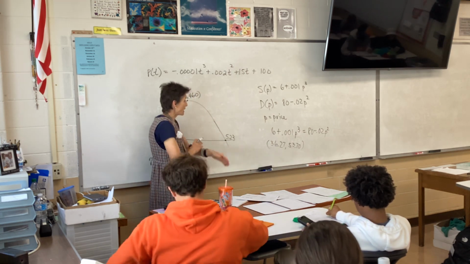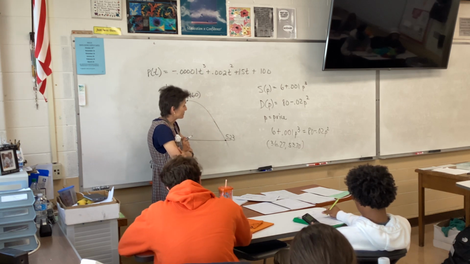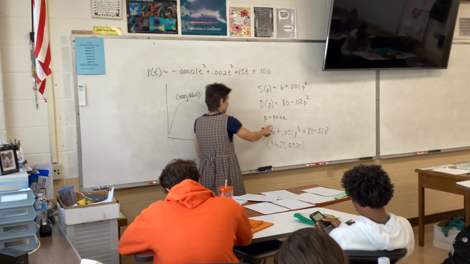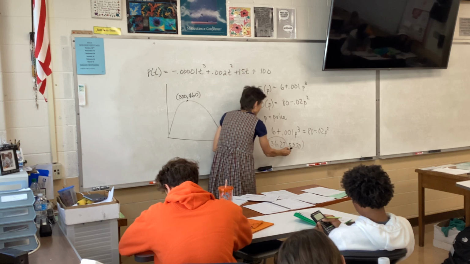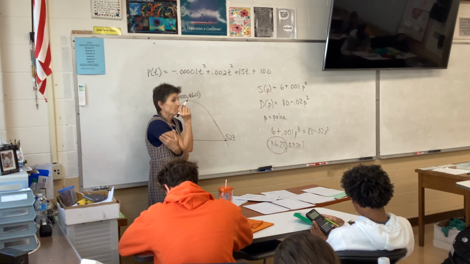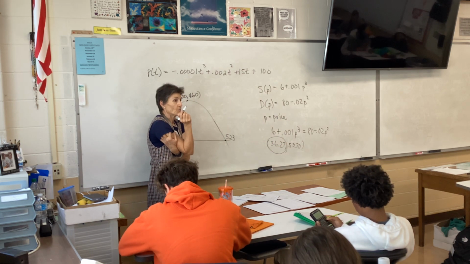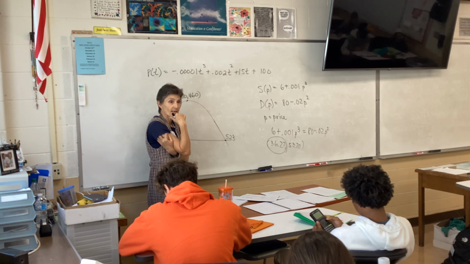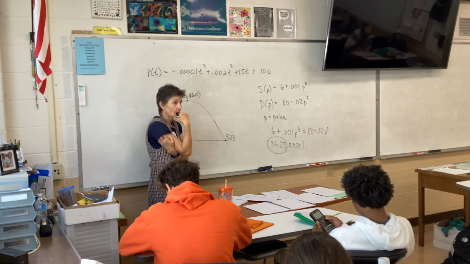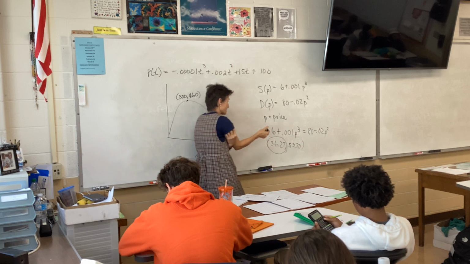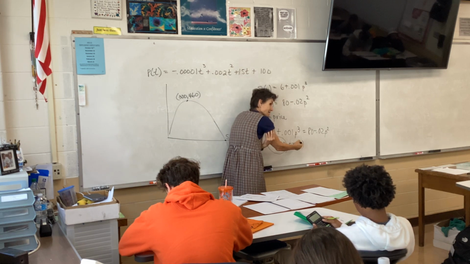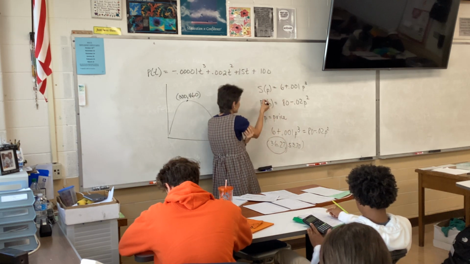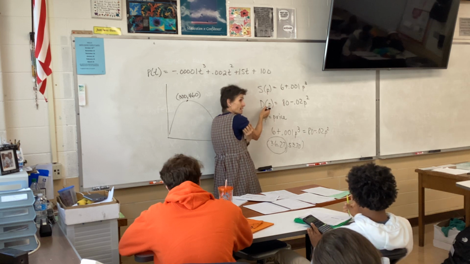Mm-hmm. Okay, so now we need to interpret that. Remember, our variable was the price, so what does this tell me right here? I should be charging $36.27 for my hair dryers? And what is this now? That's your Y value. So isn't that your supply and your demand?